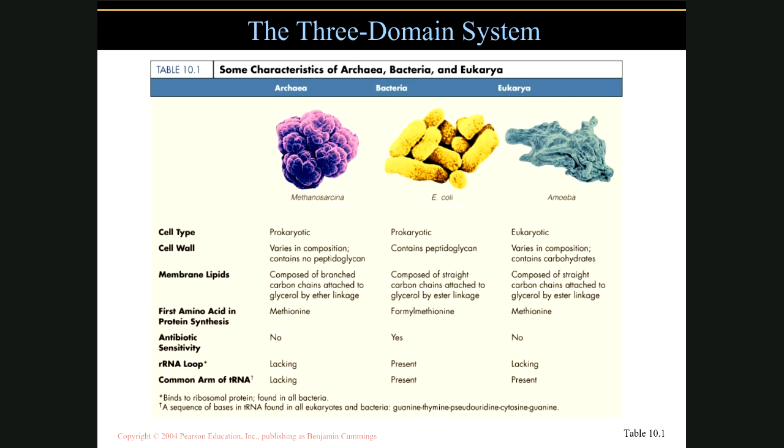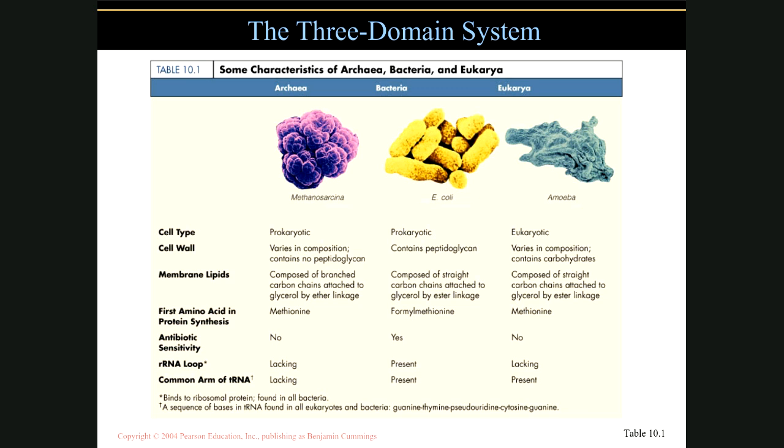So these things are often proposed, never adopted. But we do have 3 domains of life. And remember, domain is the largest grouping now. It used to be kingdom, but now it's domain. And 2 of the 3 domains are prokaryotic. We have domain archaea and the domain bacteria. And then lastly, the domain eukarya, which has all the eukaryotic organisms in it, plants, animals, fungi, and protists.